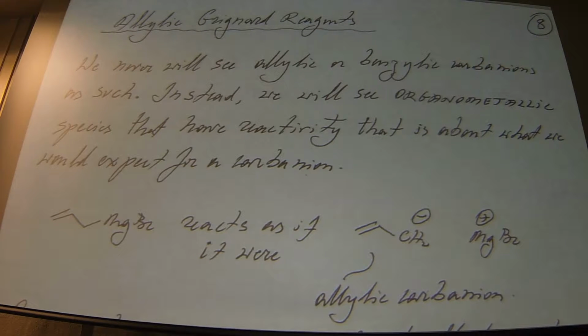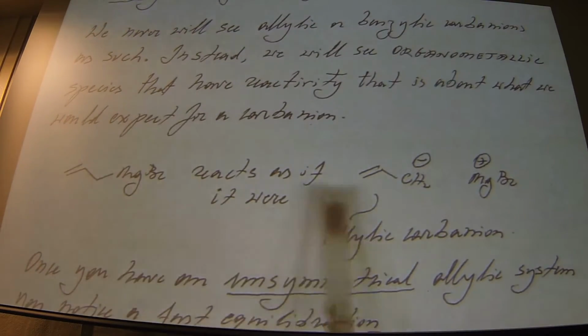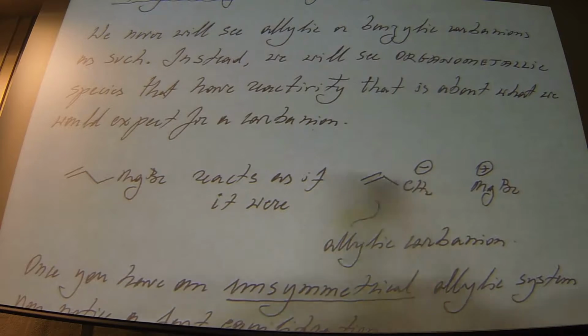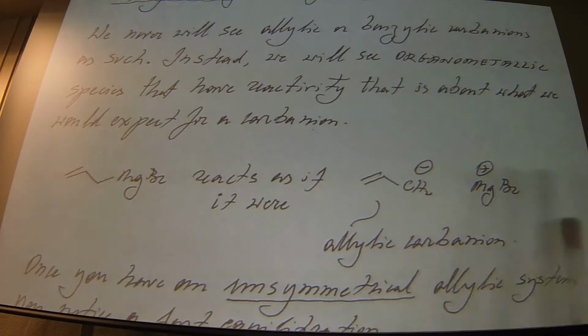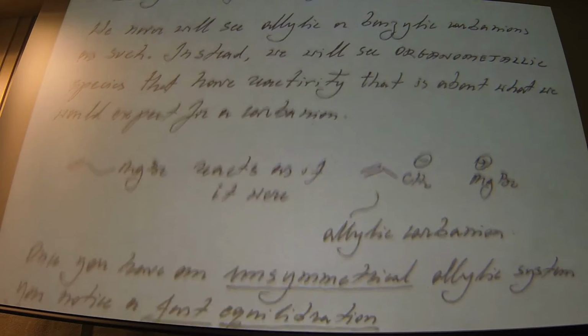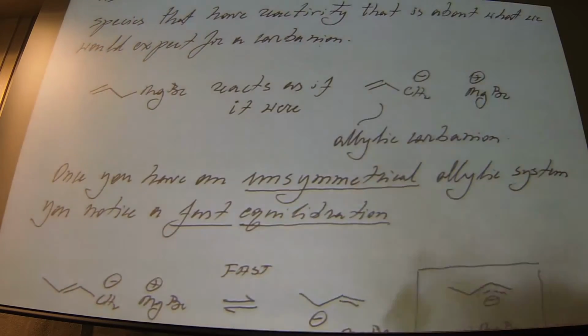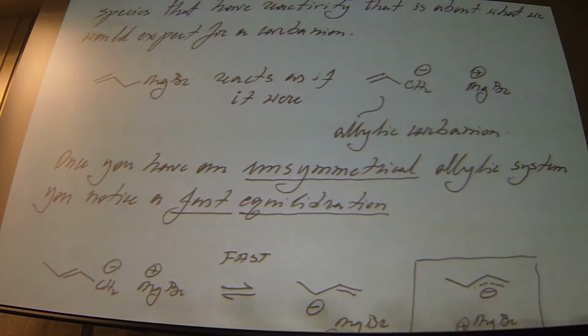And so when we talk about a carbanion, and we'll be sloppy, we're going to mean an allylic Grignard or an allylic lithium species or whatnot. So when we say an allylic carbanion, we're actually talking about this, or lithium. And so these kinds of species, Grignard reagents, react as if they are carbanions paired up with a positively charged metal. Just so you know, when we say carbanions, this is really what we're talking about.